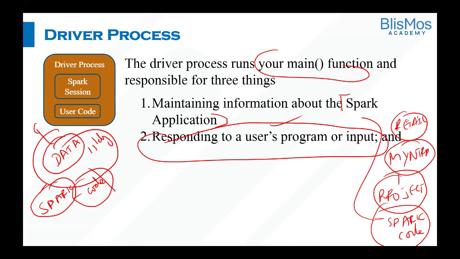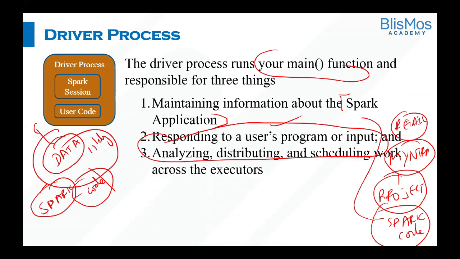Okay, it will respond. The driver process is the component of Spark which responds to the user's program. And the last, which is very, very important, is that it is responsible for analyzing, distributing, and scheduling the work across the executors.